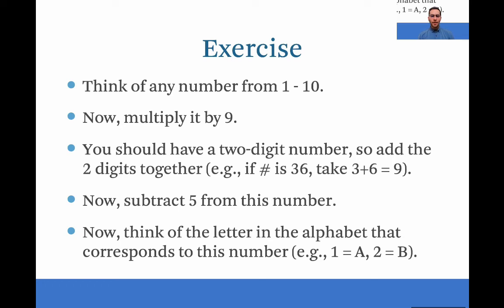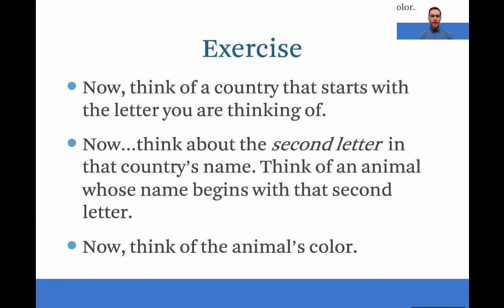Now take that number that you just added and subtract 5 from that number. And last step is think of the letter in the alphabet that corresponds to this number. So for example, if your number is 1, you'd pick A. If your number is 2, you'd pick B. Now, think of a country that starts with the letter you're thinking of.